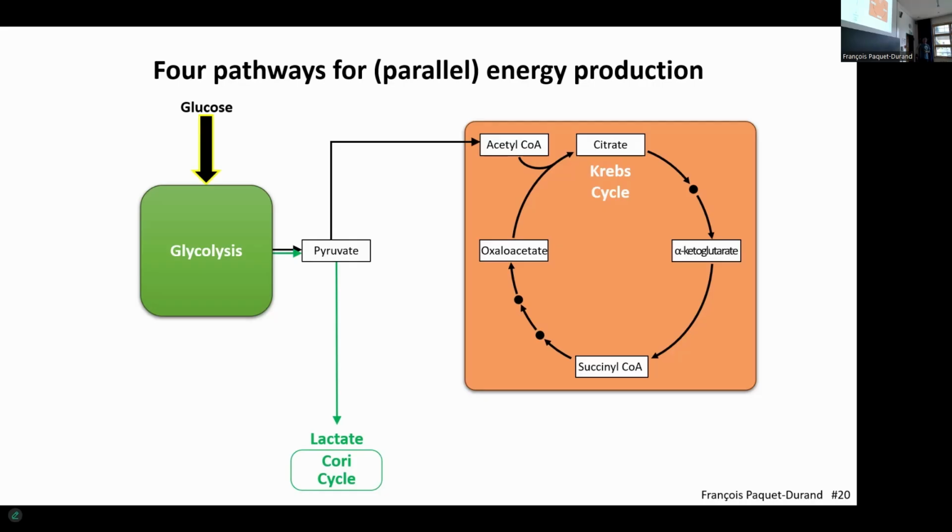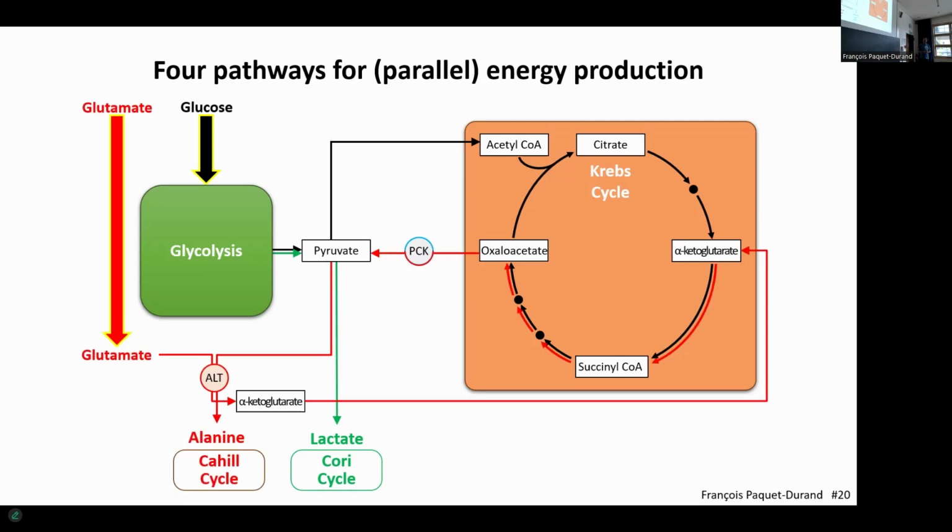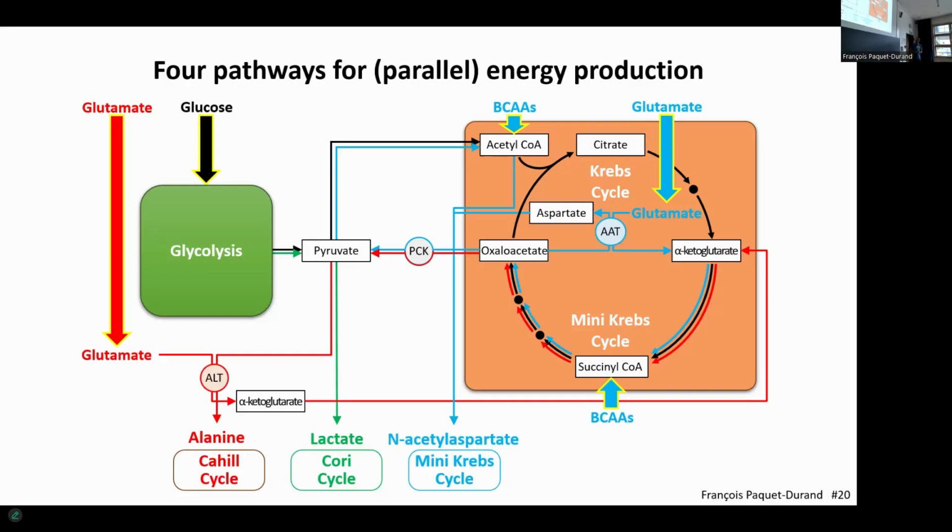The Cori cycle, where the pyruvate is not entering the cycle but being reduced to lactate. The Cahill cycle, where we use glutamate input to generate alpha-ketoglutarate and alanine, and the Mini-Krebs cycle, where we use glutamate and to some extent branched-chain amino acids to generate energy and acetyl-aspartate.